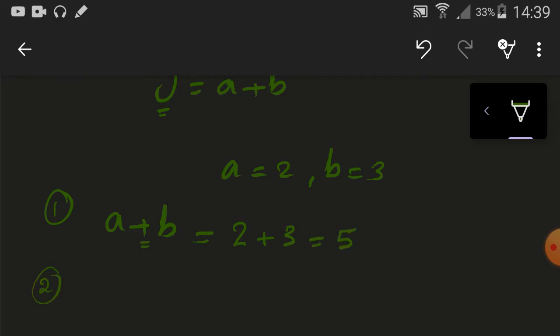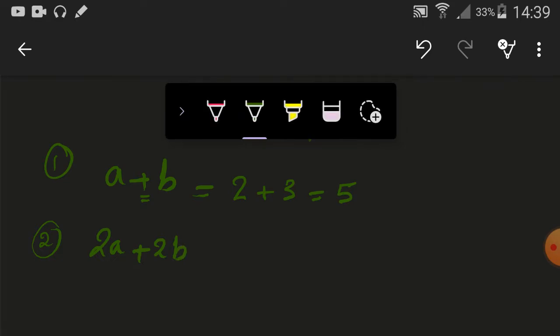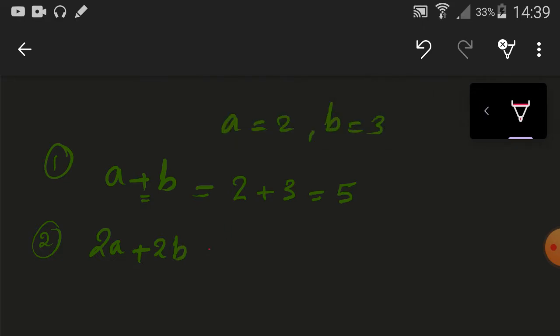Number 2, what's 2a plus 2b? You will see here that a is multiplied by 2. So put this coefficient outside and replace a with its value, which is 2.